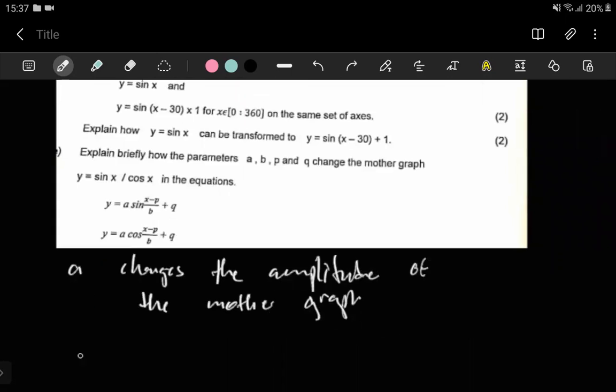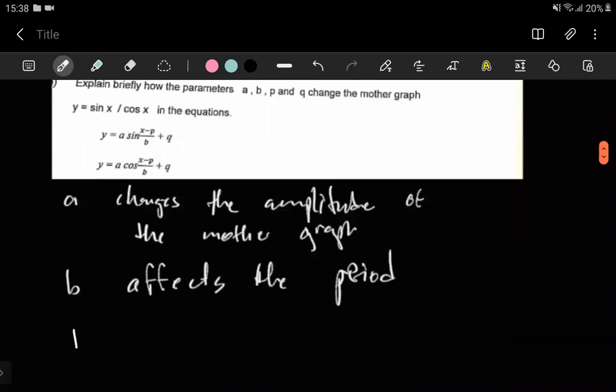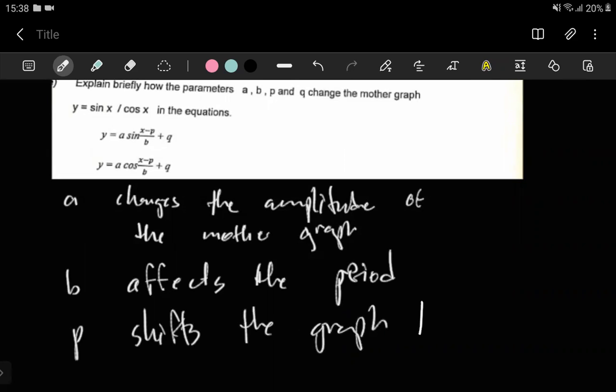And then here B affects, let's use different words. B affects the, is that how you say affects? Yes, affects the period, and then here P shifts the graph horizontally, which is from left to right, horizontally.